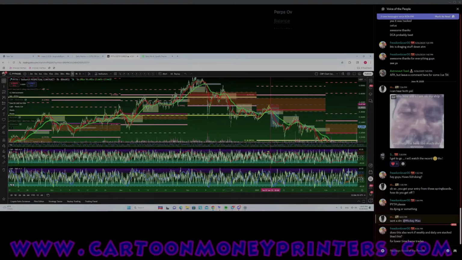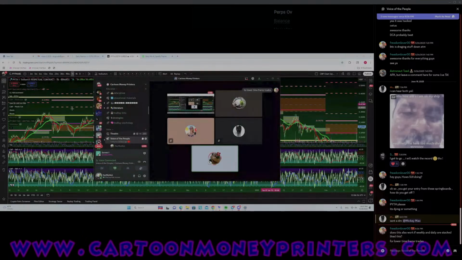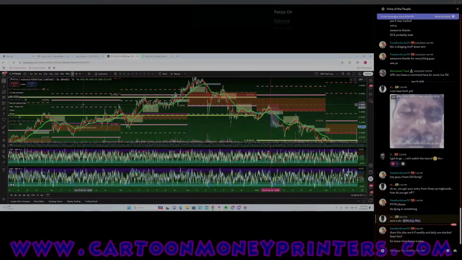Does this also work with weekly and daily stacked like this? Yes, it does. I kind of wanted to go off the reservation of my usual lower time frame stuff today, because I'm trying to find the swings, and so like right here, right?